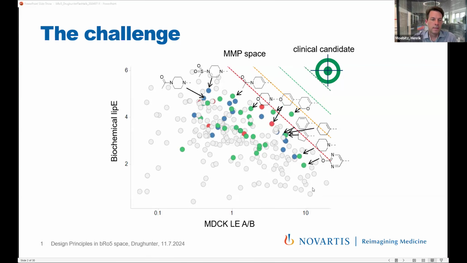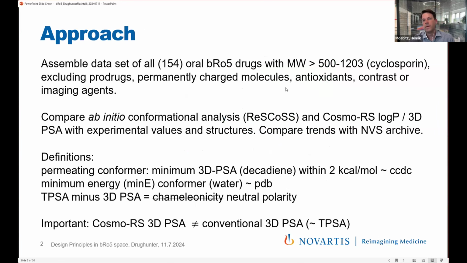And on the next slide, I just have a few definitions. So beyond rule of 5 is just, in a way, molecular weight space between 500 and 1200 Daltons, free, that's cyclosporine. So we're excluding prodrugs and permanently charged molecules, antioxidants, dyes, what have you.